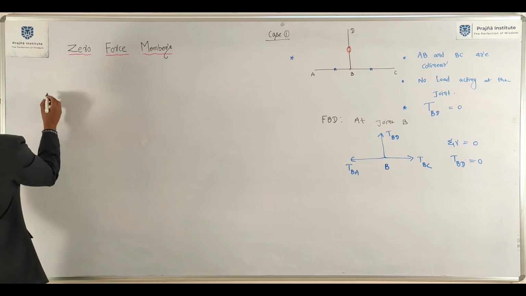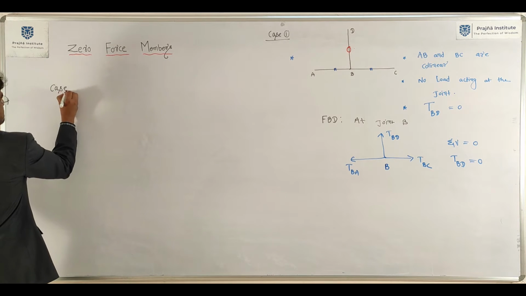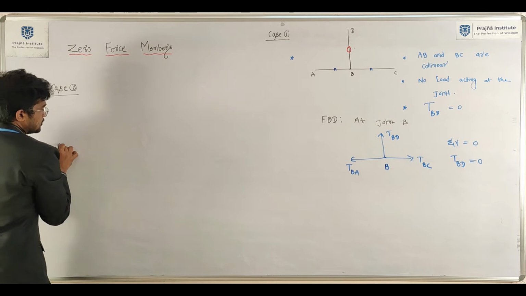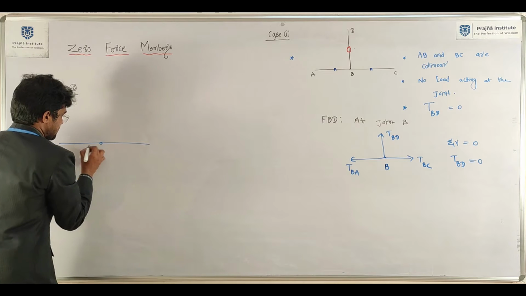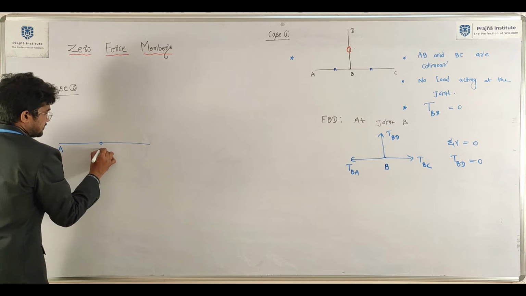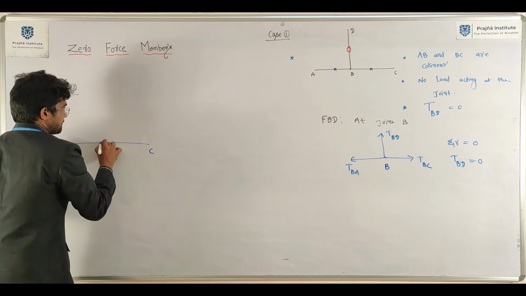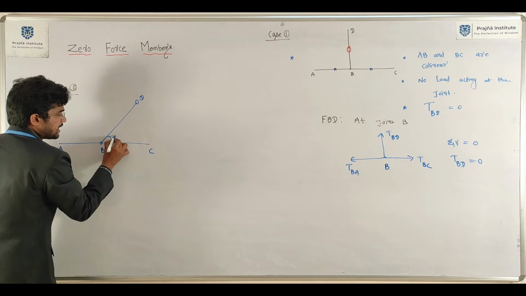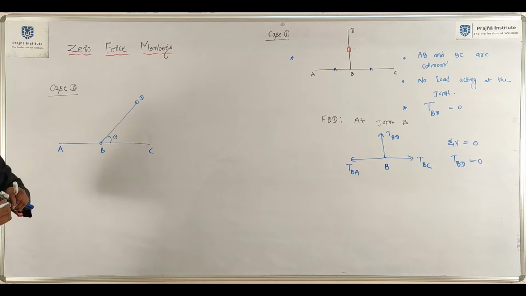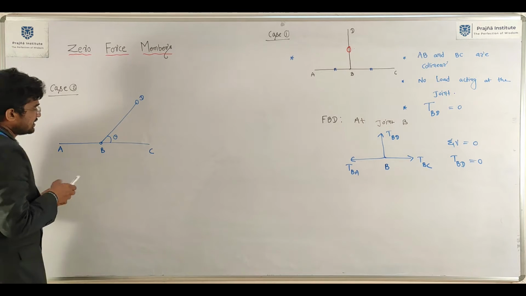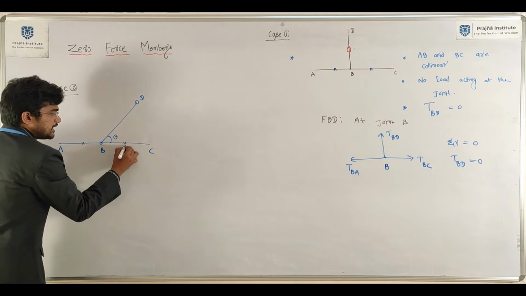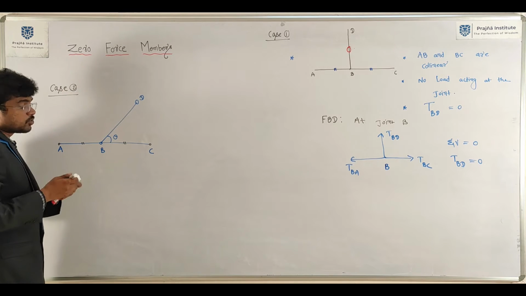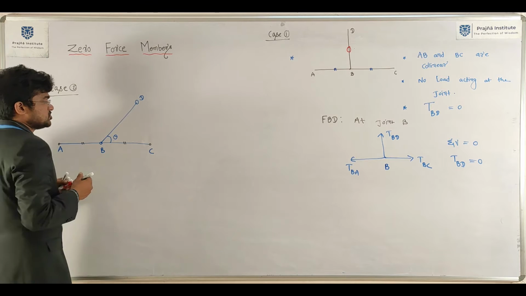Case 2, a different case. Here it is A, B, C. Here the member is inclined, making an angle theta. Here also, these two are collinear, so the force in the non-collinear member must be 0.